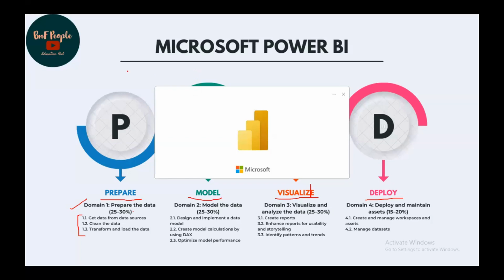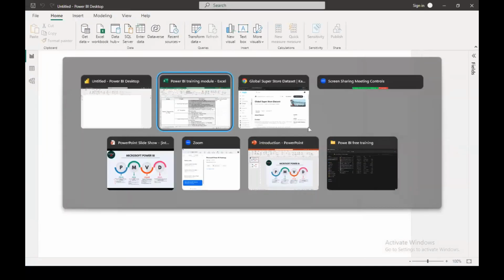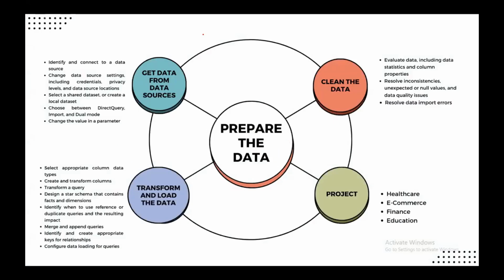Let me open it. Yes, it's opening. In detail we can also see our PowerPoint, which is your complete distribution. In the first module, we will do 4 projects along with it.